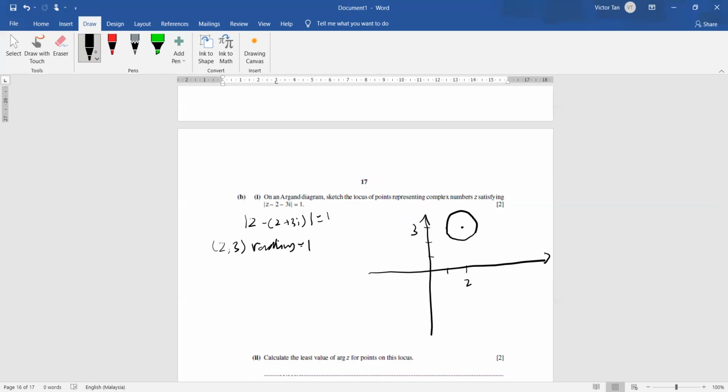Calculate the least value of argument of z for points on this locus. So the argument will be the tangent here. This is the argument, the least argument of z. This is 1.